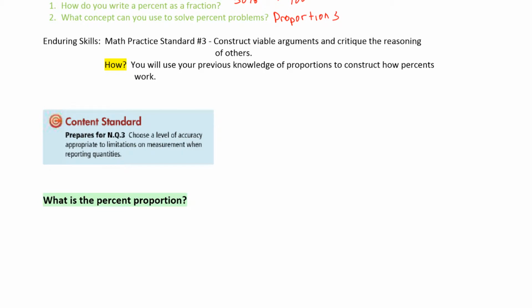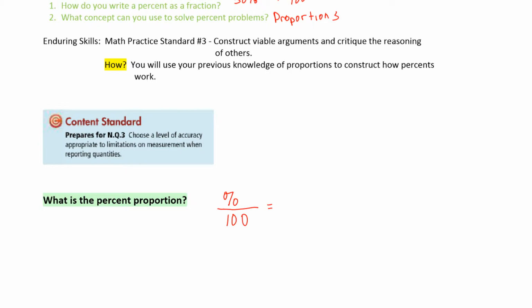And what is the percent proportion? The percent proportion says that you have whatever percent you have over 100, and we've already talked about that. That's what it means to write a percent as a fraction.